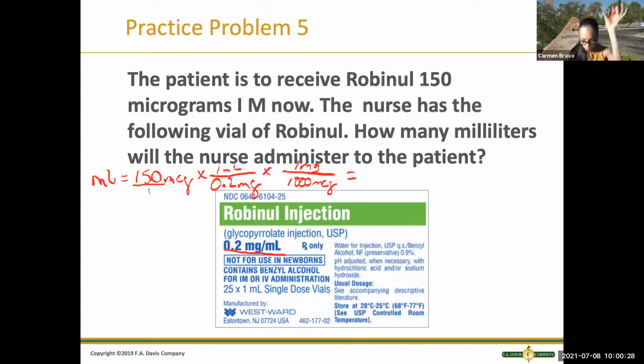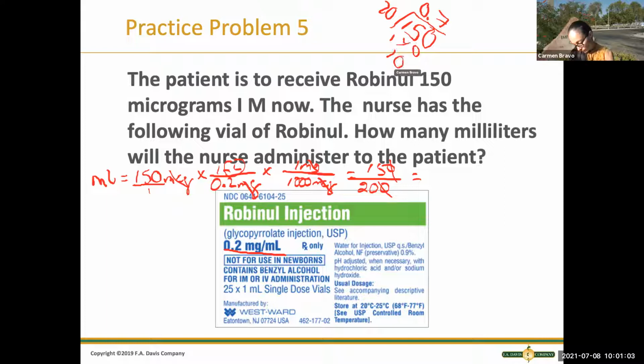That way you know it's actually in the top. Cancel. You guys got the same?